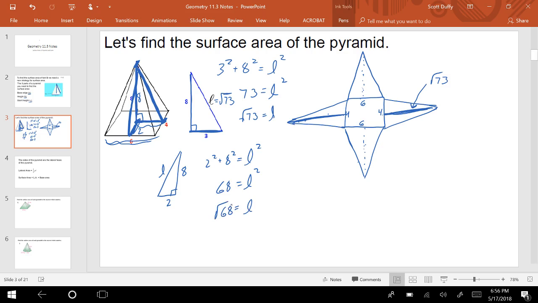So these slant heights, which are the height of those lateral triangles, are the square root of 68.